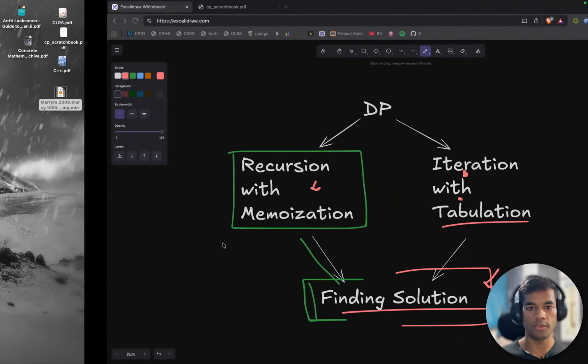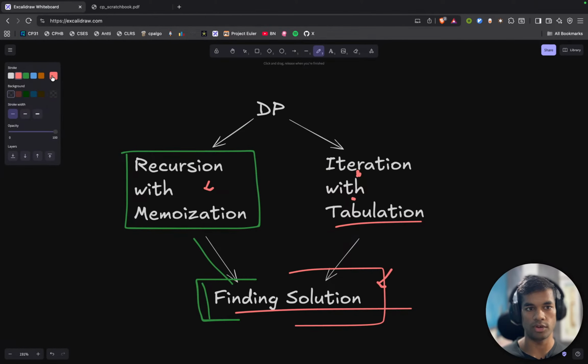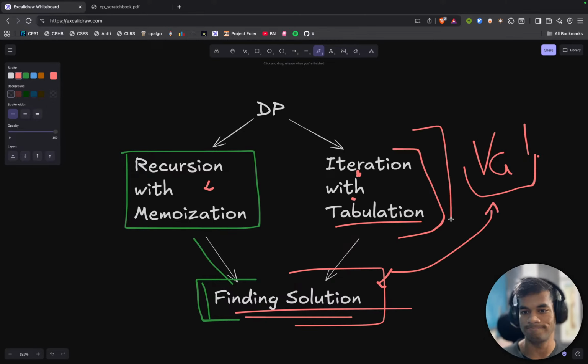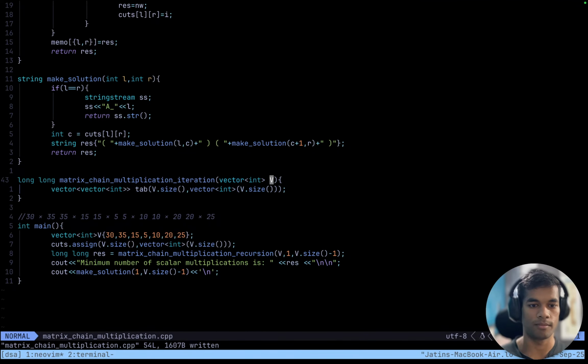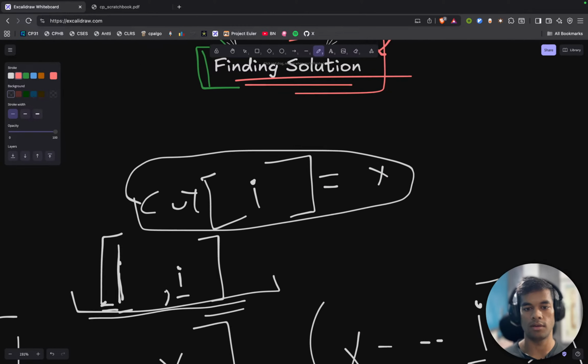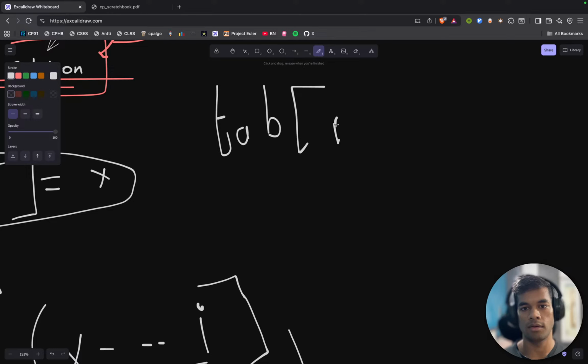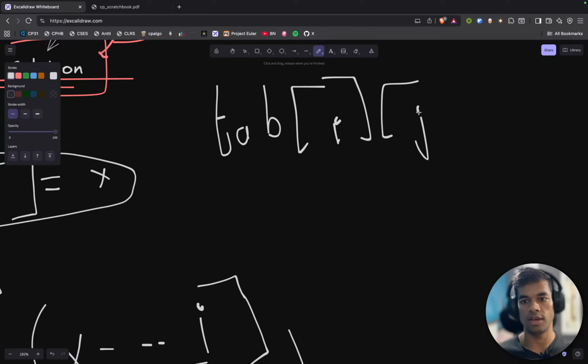And now what we have to do is write an iterative solution: find the value using iteration and then find the solution which gives that value. For that, we will store some extra information during iteration. So we will have this thing. And what will tab ij give us?